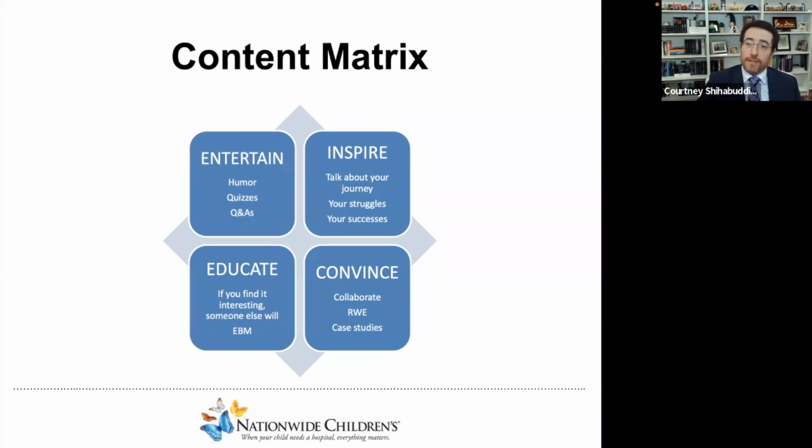And similarly, you educate. If you find something interesting, someone else will. This is where your evidence-based medicine message would be. And through all these pillars, you aim to convince through collaboration, through real-world events and evidence, and through case studies where your followers can adapt your pillars for their own.